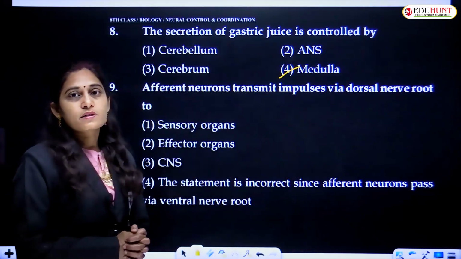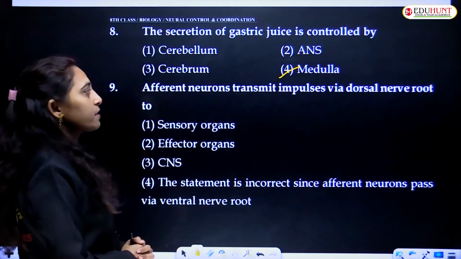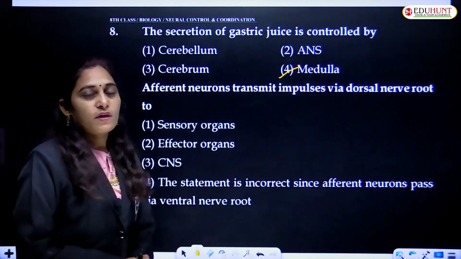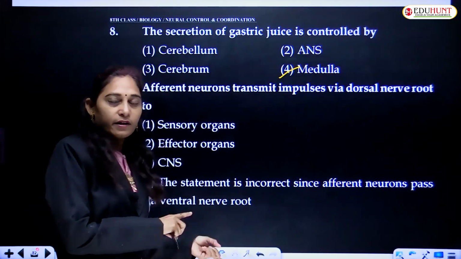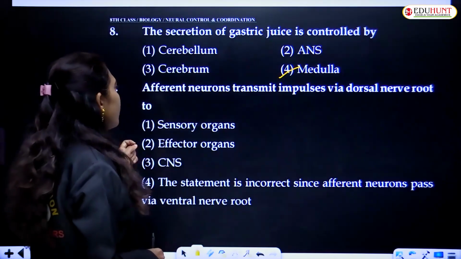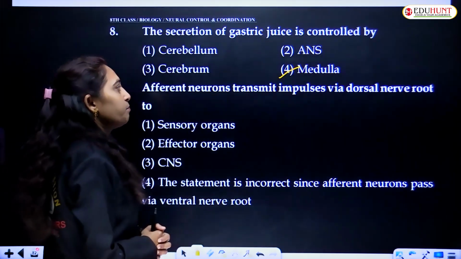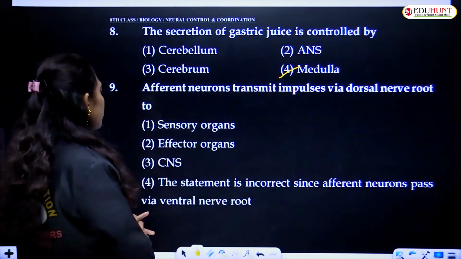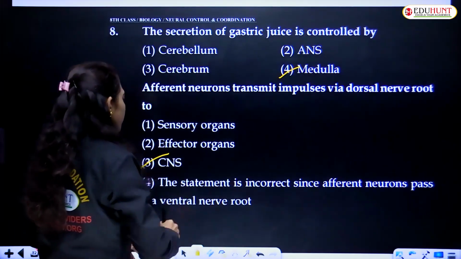Afferent neurons transmit impulses via the dorsal nerve root. We have seen afferent and efferent, dorsal nerve root and ventral. So, afferent neurons transmit impulses via the dorsal nerve root to the central nervous system.